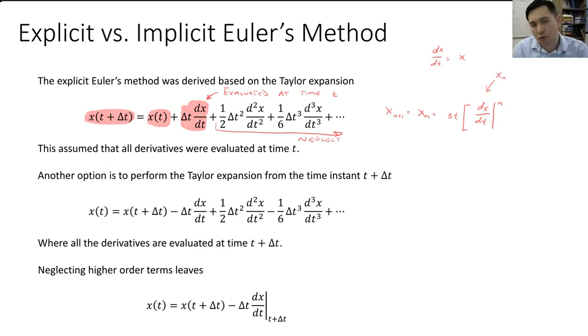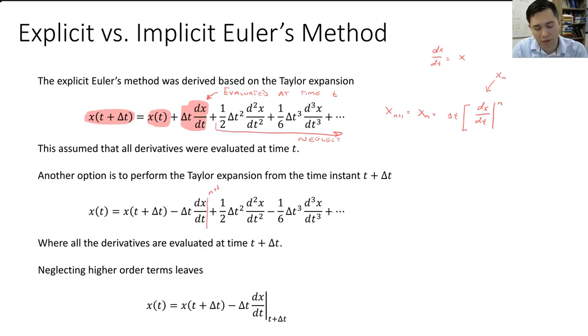But if we were to perform the Taylor expansion, instead of centering it at x at time t, we were to center it at x at time t plus delta t, we would get the following Taylor expansion with the condition that our derivatives are evaluated at our time index n plus 1.